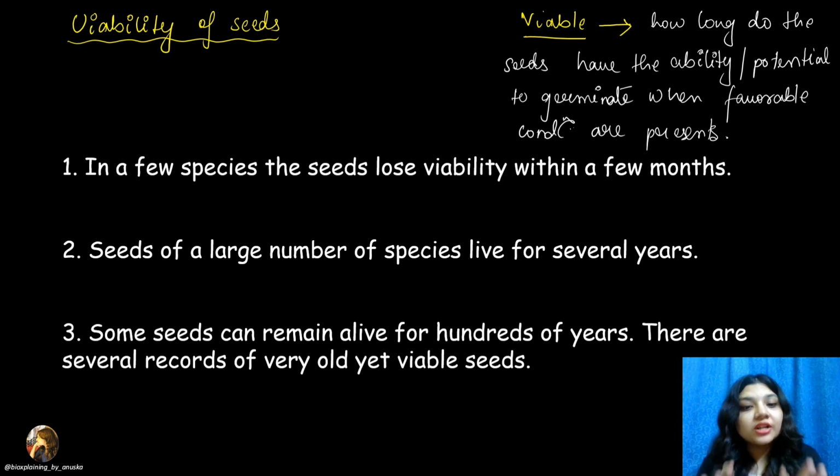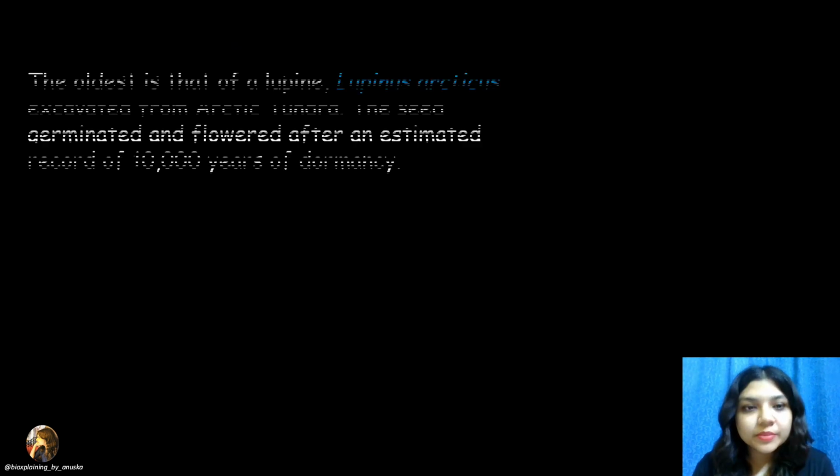That is, there are several records of very very old seeds जो कि अभी तक viable है. That if you plant them, if you sow them and give favorable conditions, then they will still germinate into the plants. तो examples क्या है?